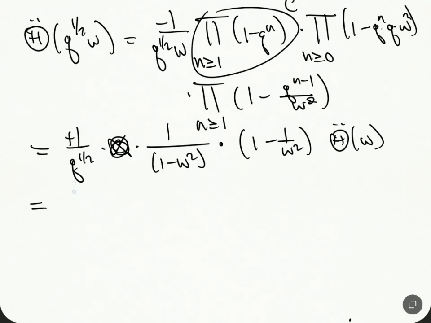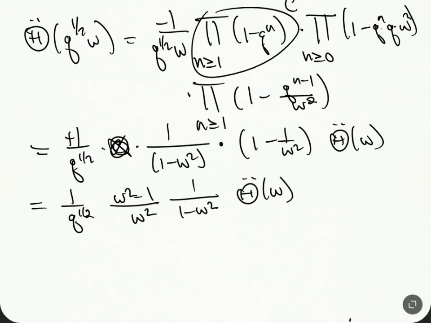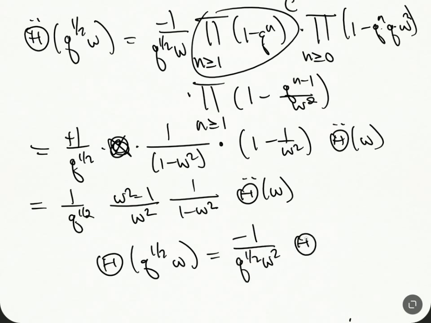Now this becomes 1 over q to the 1/2, w squared minus 1 over w squared, and then we have this 1 over 1 minus w squared, theta dot dot of w. Putting this all together, these two things cancel to give you a minus 1. And we have that theta of q to the 1/2 w is equal to negative 1 over q to the 1/2 w squared times theta dot dot of w.